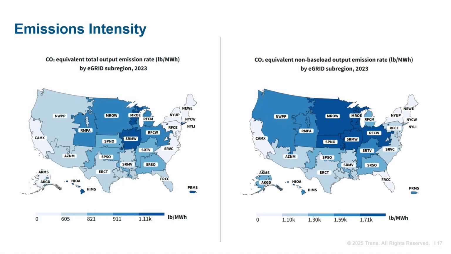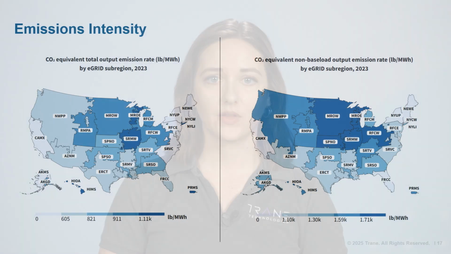Non-baseload emissions rates are also called marginal emissions rates, and they're helpful to assess impacts of changing load on the grid. For example, if we implemented a fuel switching project to convert load that had previously been served by on-site fossil fuels, such as a natural gas burning boiler, to load served by electricity, that is net new load on the grid.